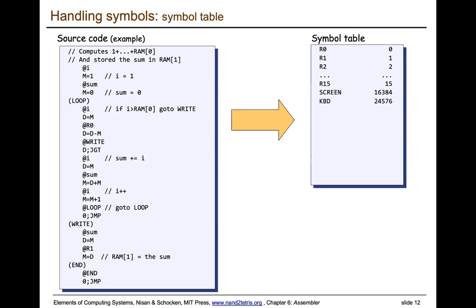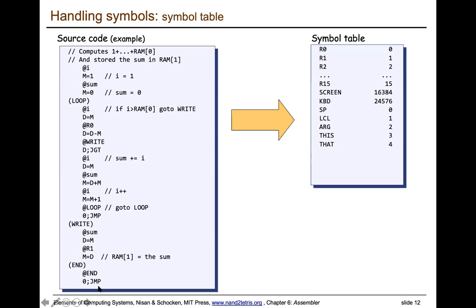Then you have two more predefined symbols, one for the screen as output and one for the keyboard as input. Their starting addresses are shown here, and these are RAM addresses.